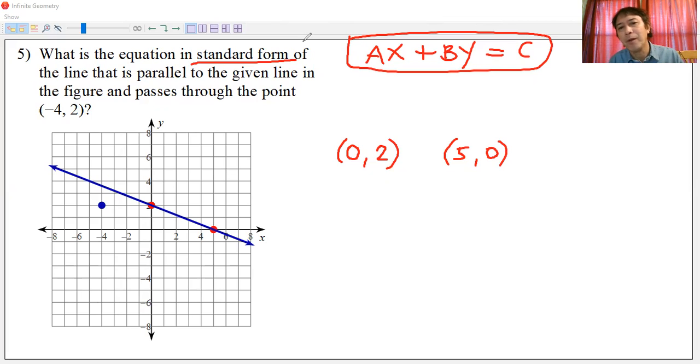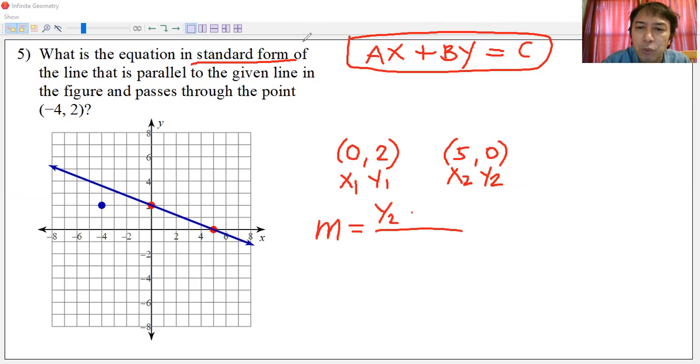So let this be 0, 2, your x1, y1, and the other will be x2, y2. Then proceed to the formula: y2 minus y1 divided by x2 minus x1.